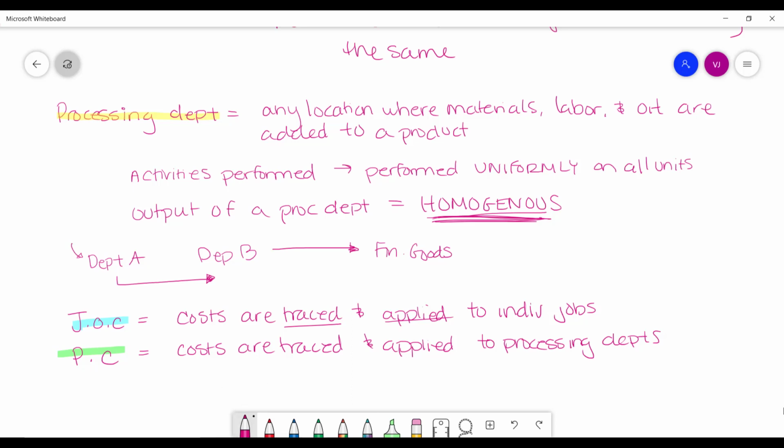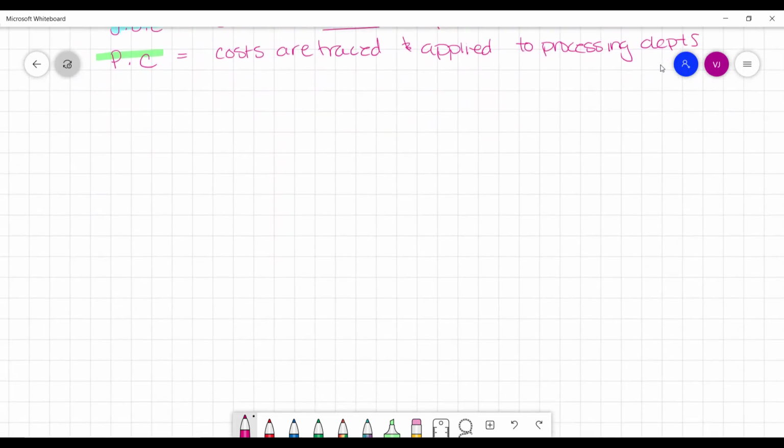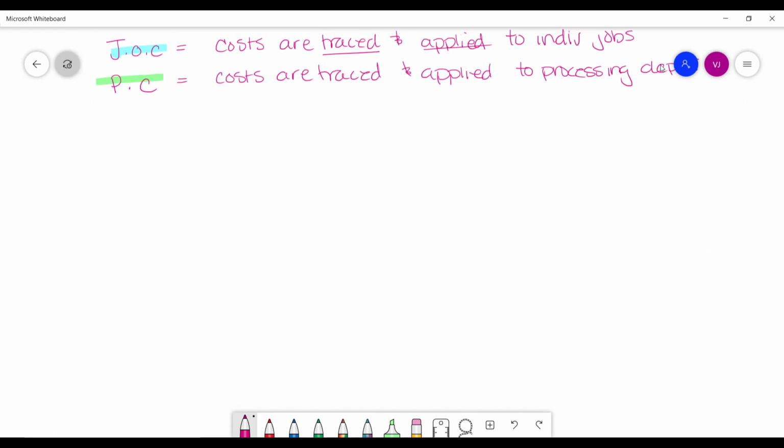So let's look at what some of those journal entries might look like within a process costing system. Let's assume we want to record the use, and again, that refers to the requisition of materials. Record the use of raw materials here, let's say in the amount of $12,000.